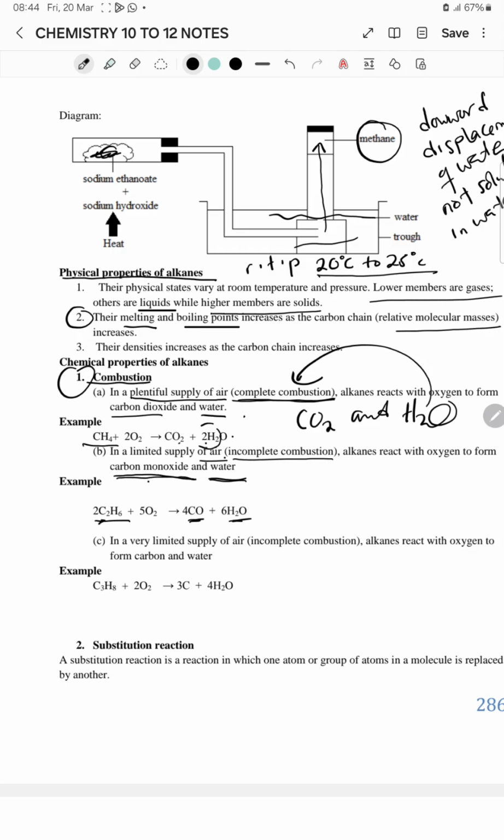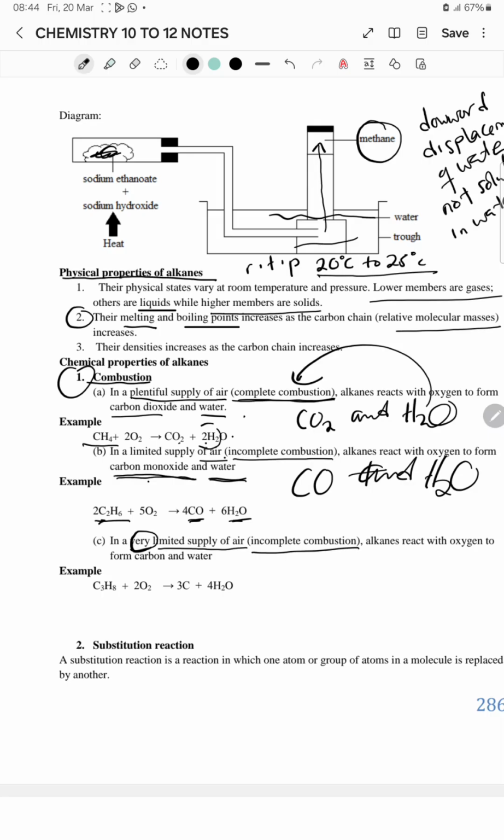For a limited supply of air, always remember that what is formed is carbon monoxide and H2O. Are we together? Then C, in a very limited supply of air, also called incomplete combustion, but note the word very.